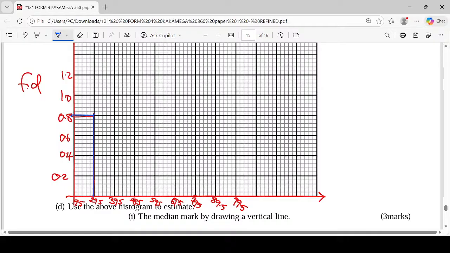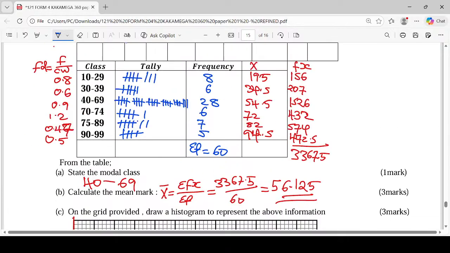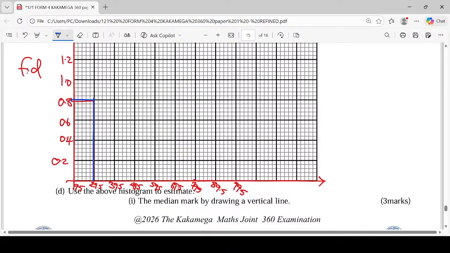The frequency density there is 0.6. 0.6 is here, that way.